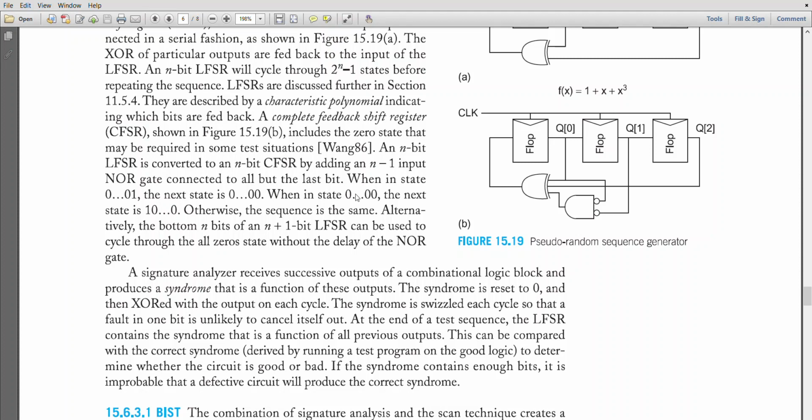When the state is 0 0 0, the next state would be 1 0 0 0, because the last bit is 0, so you are adding a 1, and then that 1 is shifted along, next state here, next state here, and so on. Otherwise the sequence is the same. Alternatively, the bottom n bits of an n plus 1 bit LFSR can be used to cycle through all zeros and states without the delay of the NOR gate.